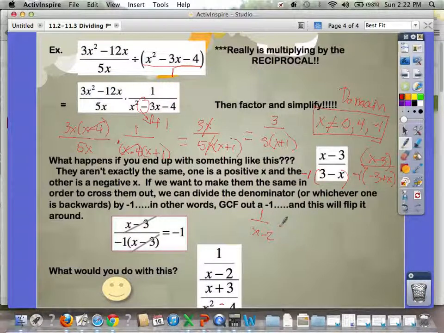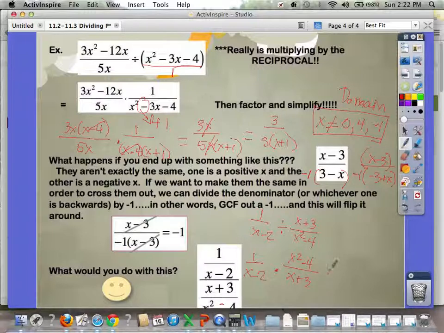So that's divided by x plus 3 divided by x squared minus 4. Okay? Now, remember, we can't divide fractions, so we have to flip it and multiply. So that's going to be 1 over x minus 2 times x squared minus 4 over x plus 3.